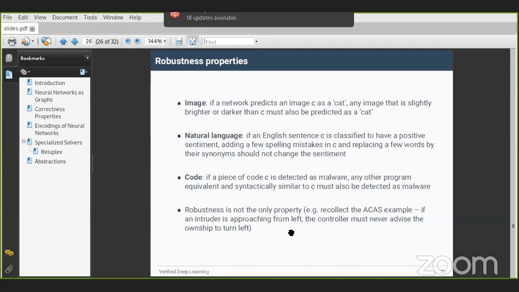Malware means it has to be doing something mischievous, correct? So I guess the point that you're making is, if the programs are logically or functionally equivalent, then if one is a malware, the other need not be a malware. Is that the point?